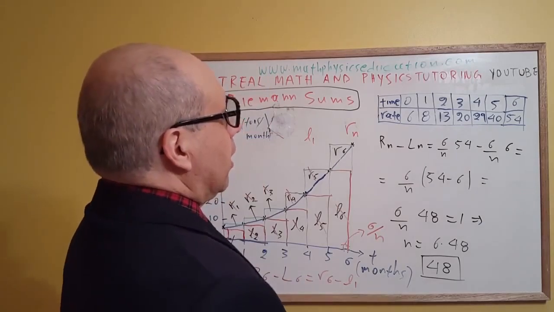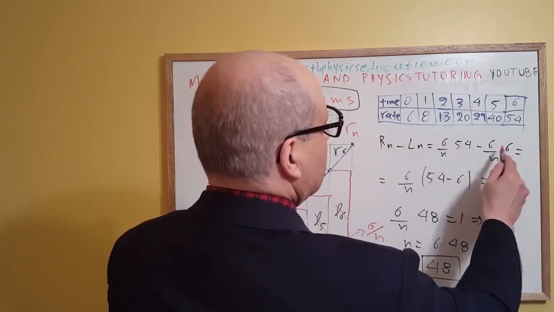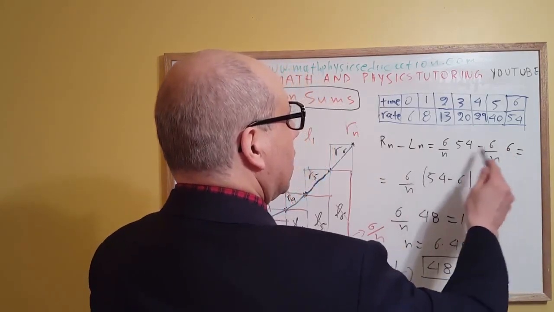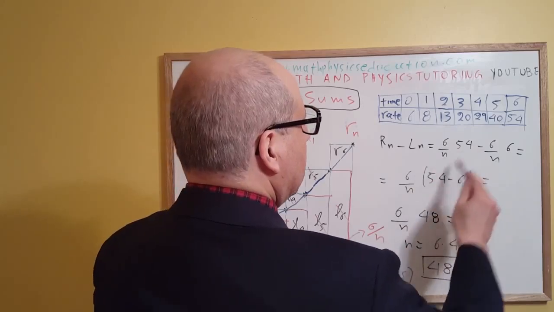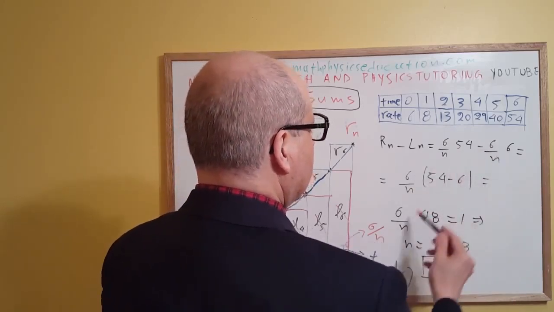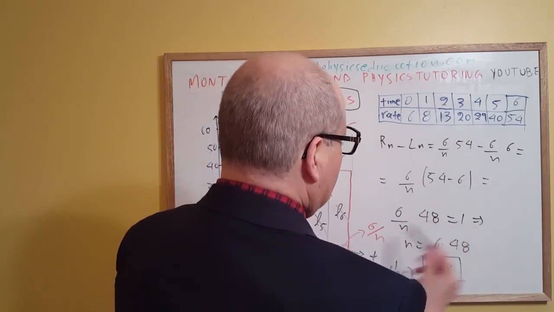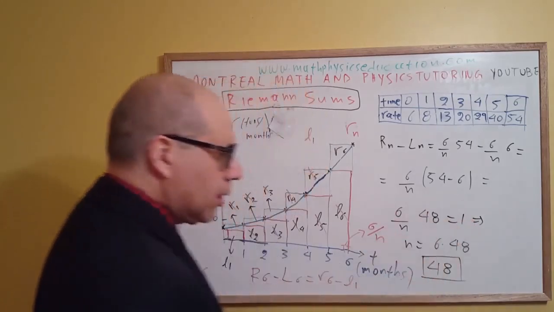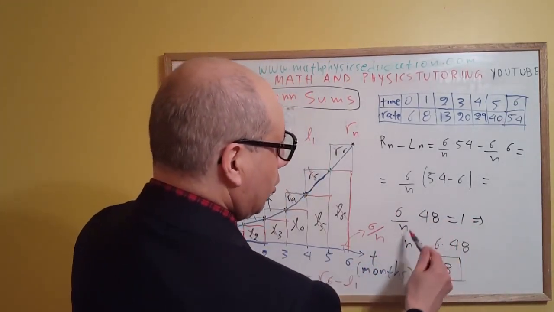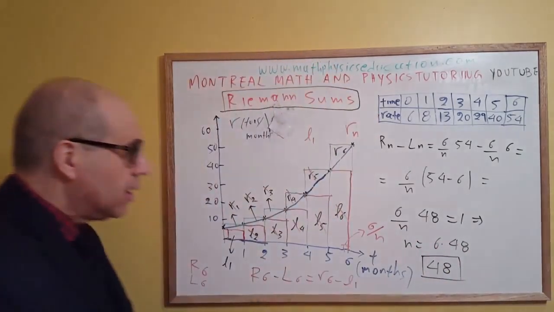So that's the equation that we have here. If you take 6 over n as a common factor, what do you have inside? You have 54 minus 6, which is 48. We need this to be equal to exactly 1 ton, so it's this equation. If you solve for n, you find that n is equal to 6 times 48.